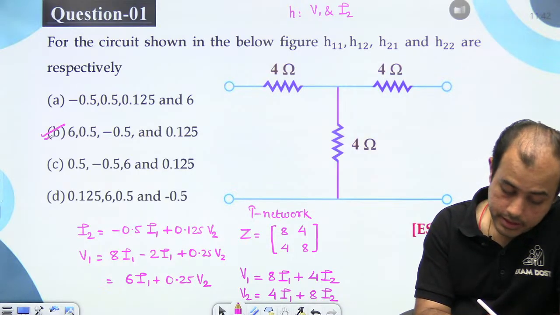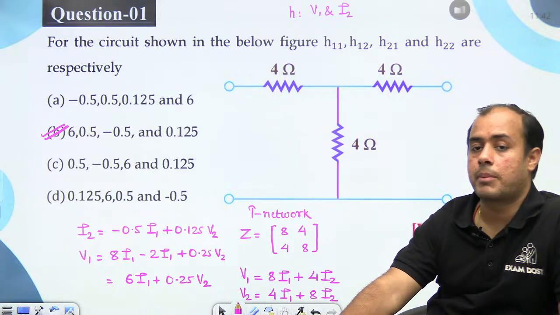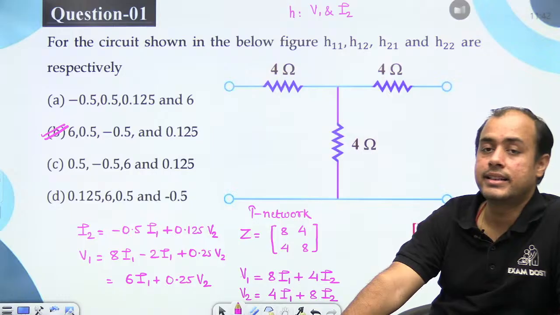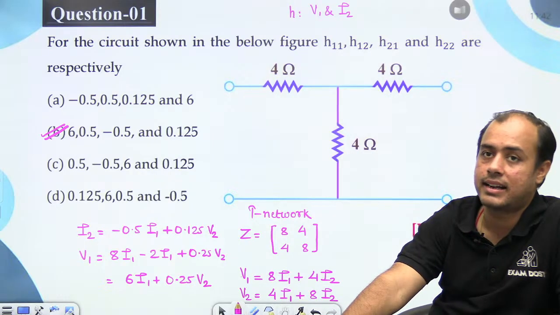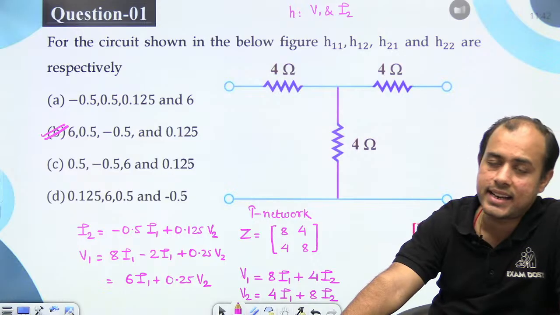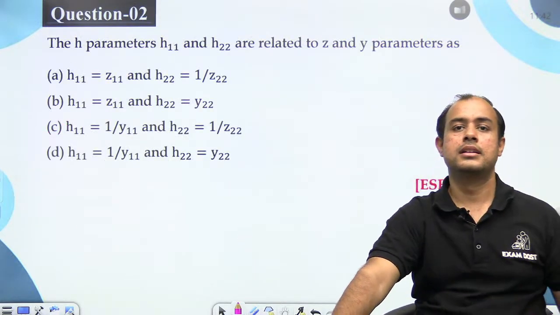So answer is B. So when you see a standard network like a T or a pi network, first find the direct parameters. जैसे T network के लिए Z parameters are direct, pi network के लिए Y parameters are direct, and then convert them to the desired parameter.